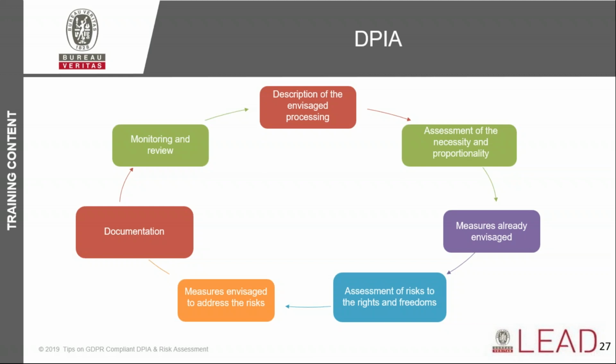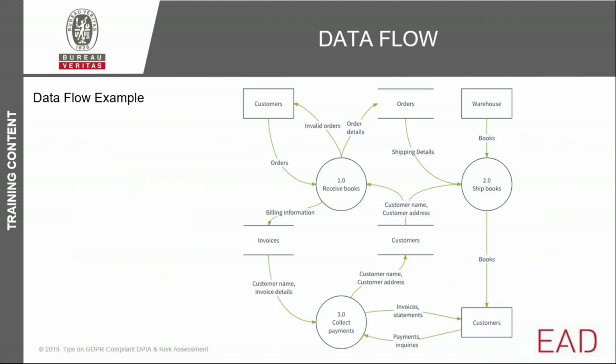As you can see, this is a plan-do-check-act cycle, and then it starts again. So it is very much an ongoing, continuing cycle, and it never ends unless you stop processing personal data, which is really very hard in organizations anyway.